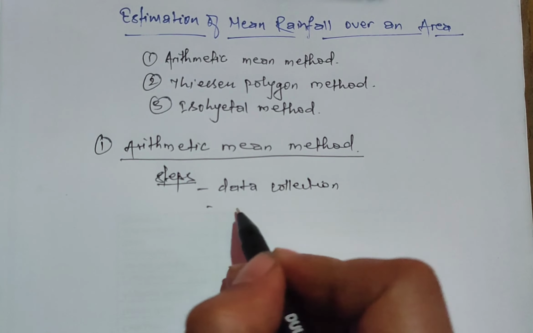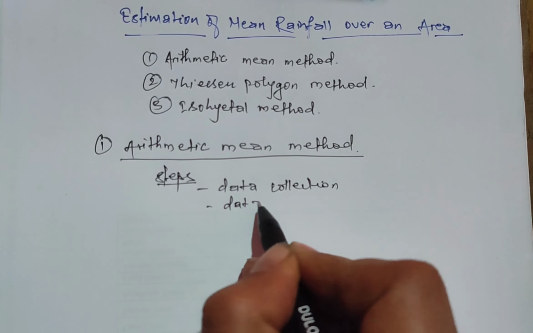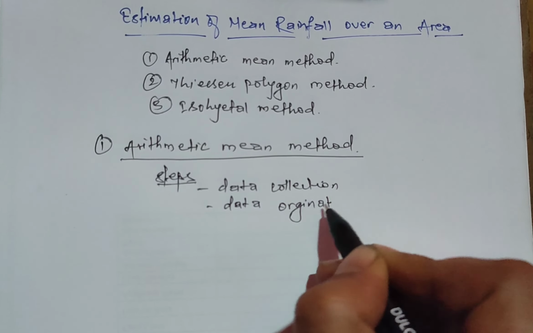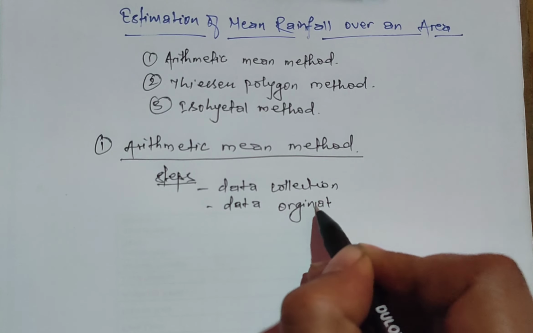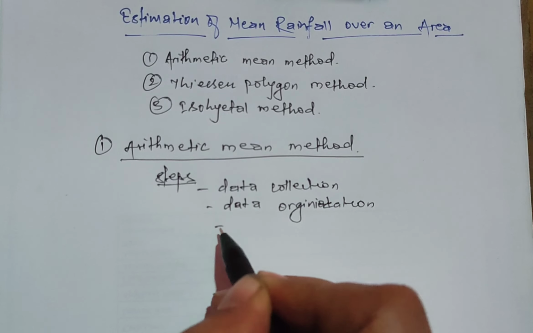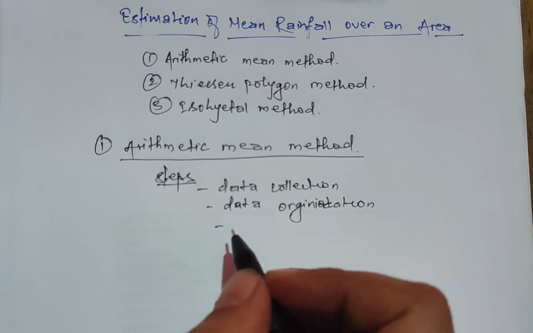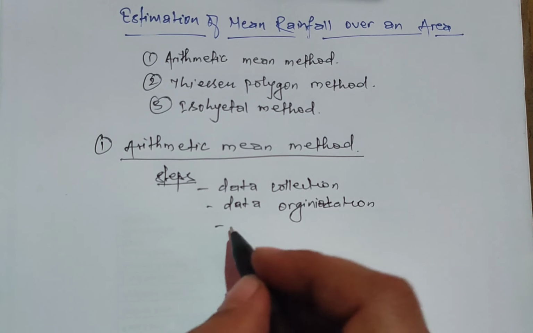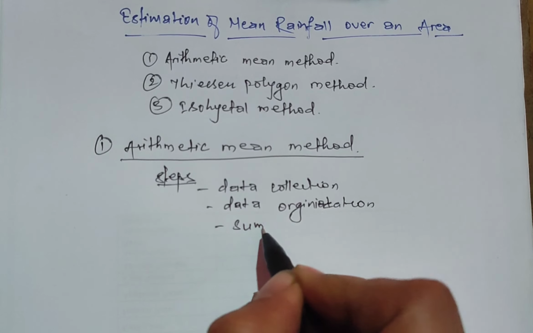Then after we'll organize the data, that is data organization. And in the third step we'll add up all the rainfall data, which will give the total rainfall of the given period, that is summation of the data.